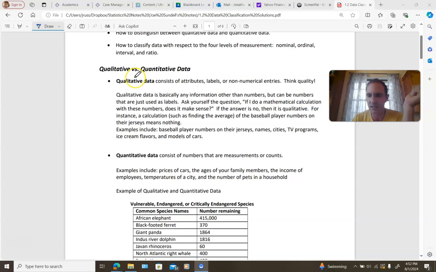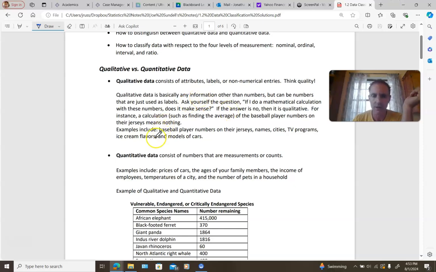So that is qualitative data, even though it is numerical. Typically, qualitative data is like, what's your favorite color, or what's your favorite flavor of ice cream? Here are some other examples: names, cities, TV programs, ice cream flavors, models of cars.